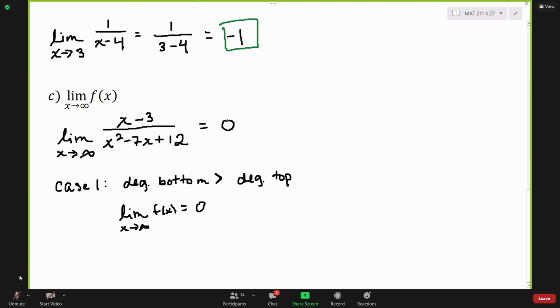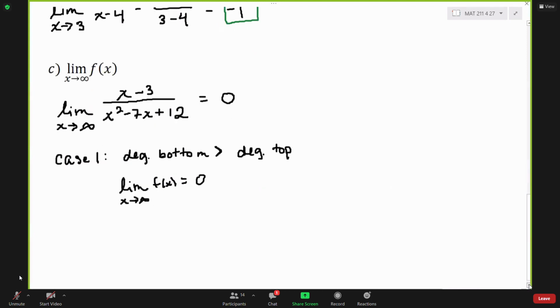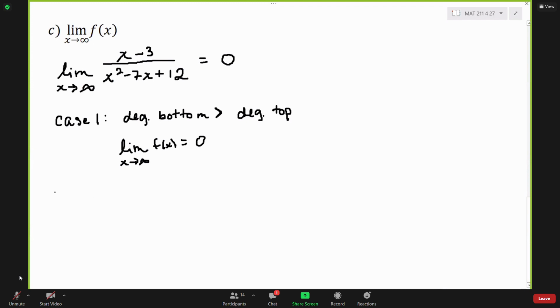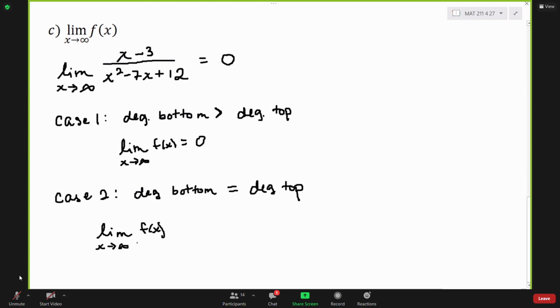And if it was on the top? So let's look at these 3 cases so we can talk about what's really going on here. I'm actually going to first do if they were equal. So if the degree on the bottom is equal to the degree on the top, then the limit as x goes to infinity is the ratio of the leading coefficients.